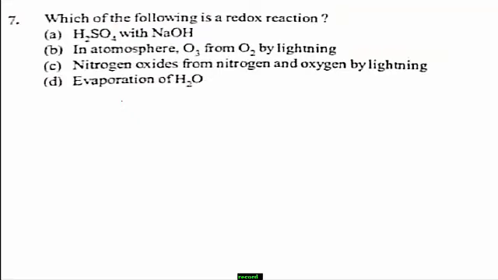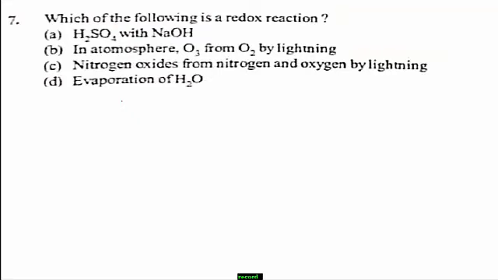Similarly, the oxidation state of oxygen changes from 0 to minus 2.